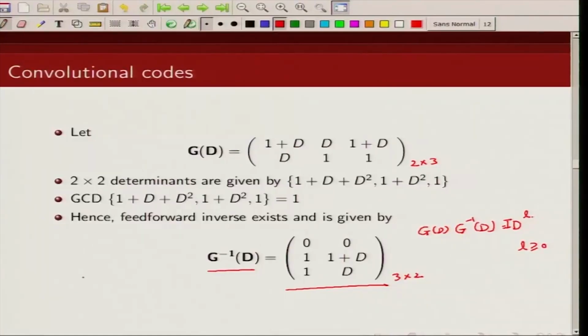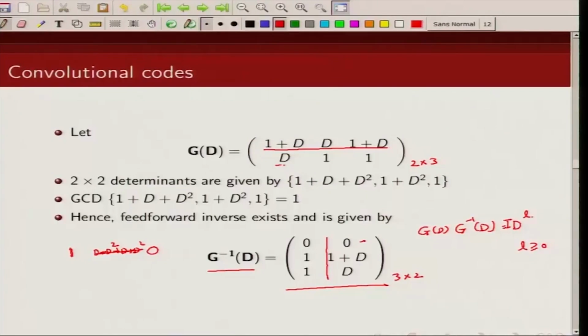So, this will be 1 plus D times 0, that is 0, and then you have D times 1, and this is 1 plus D. So, that is 1, the first term will be 1, and then multiply this by this. So, that is 1 plus D into 0, that is 0, D into 1 plus D, so that would be D plus D square, and then 1 plus D into D, so that is again D plus D square. So, this will be 0.